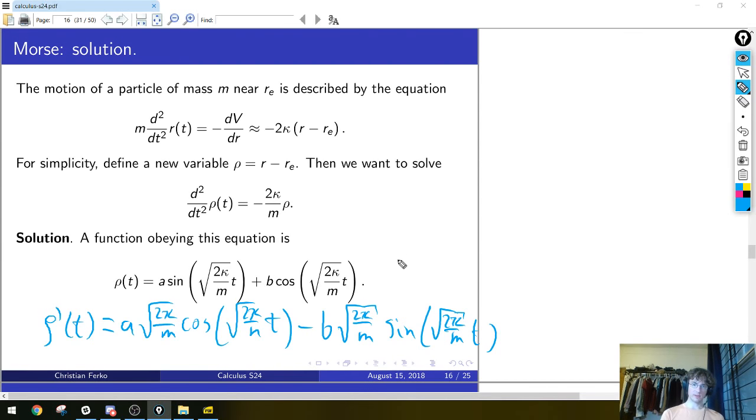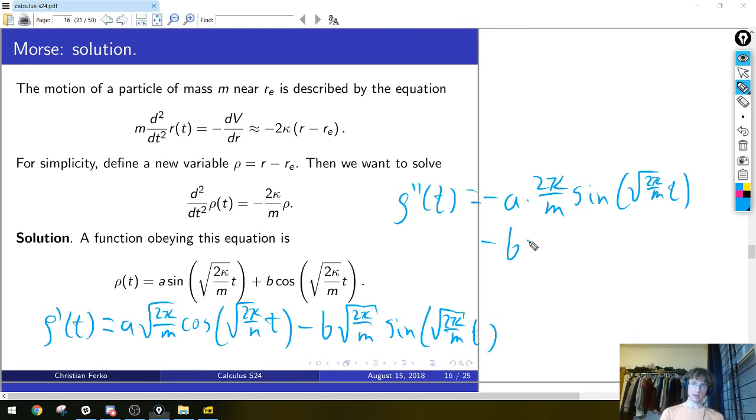That's the first derivative. And now we take the second derivative, rho double prime. By the chain rule again, I'm going to pull out a minus a times 2 kappa over m sine of root 2 kappa over m t.